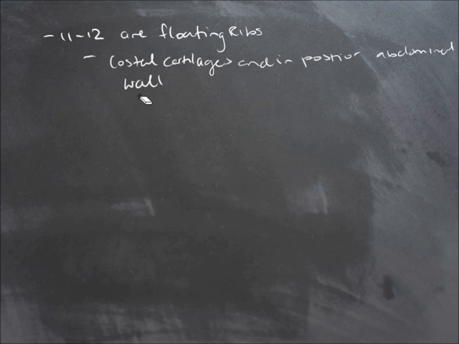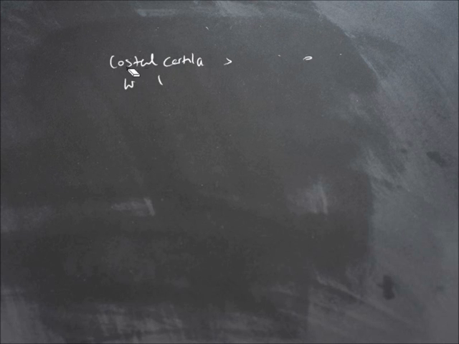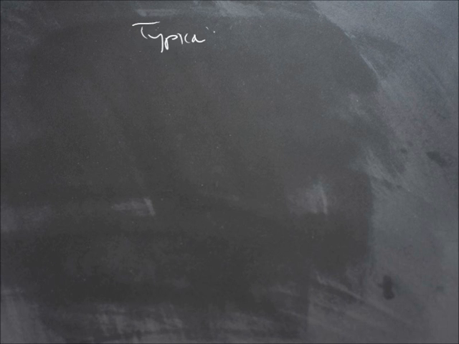We'll start off with a typical rib. So this would be rib 3, 4, 5, 6, 7, 8, 9, or 10. So, typical rib. Actually, first off, what makes a typical rib a typical rib?